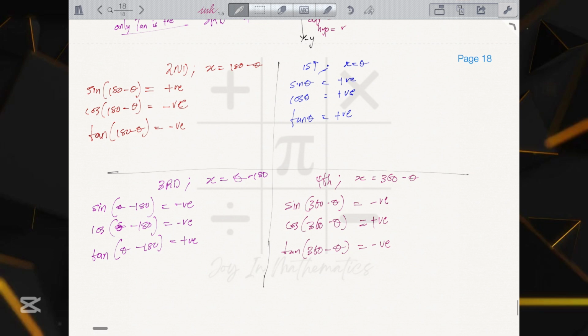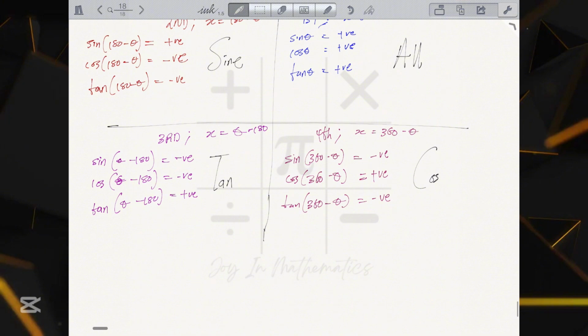Now let's draw an inference now. Here all are positive, here only sine is positive. In the third quadrant, we have that this is only tan that is positive, and in the fourth quadrant, only cos is positive.